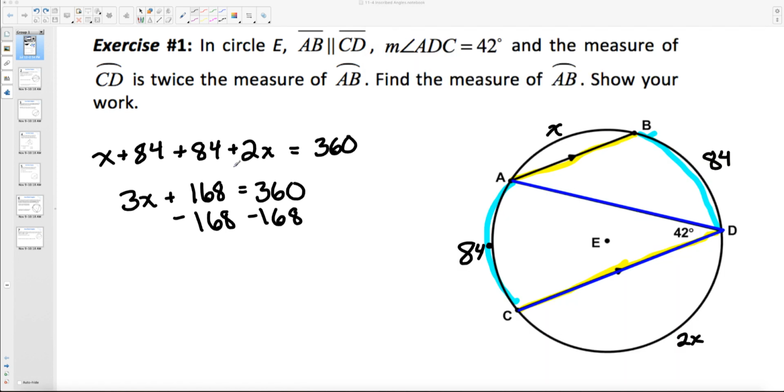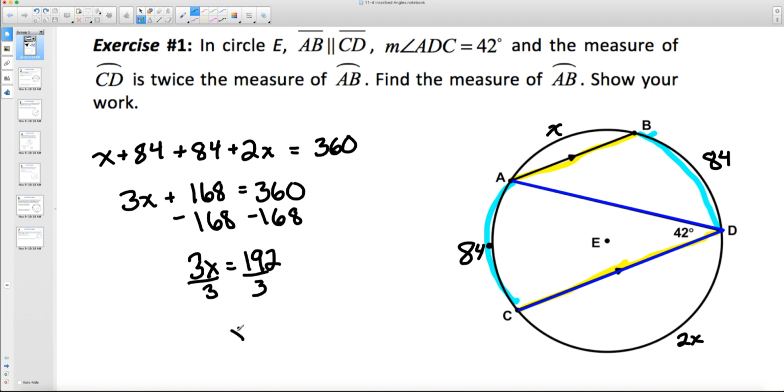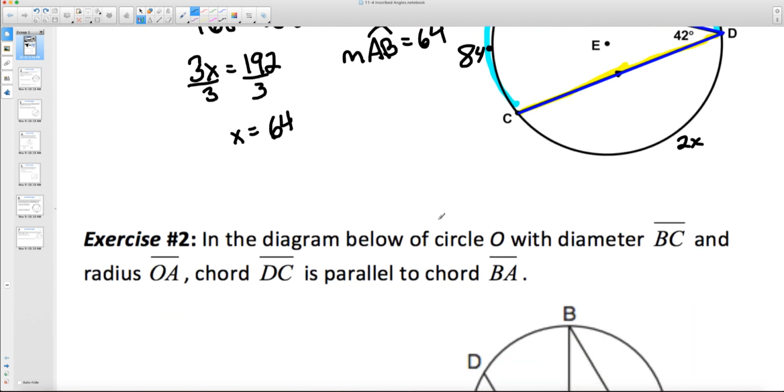So 3x equals 192, divide by 3, x equals 64. And that is the measure of arc AB. So the measure of arc AB equals 64. You can see it's starting to get a little bit more complicated. You have to think about some things here.